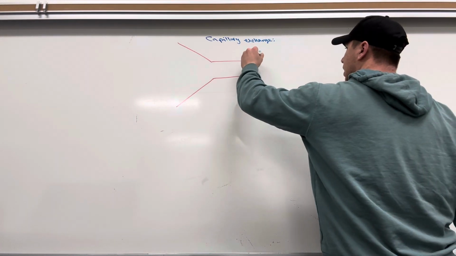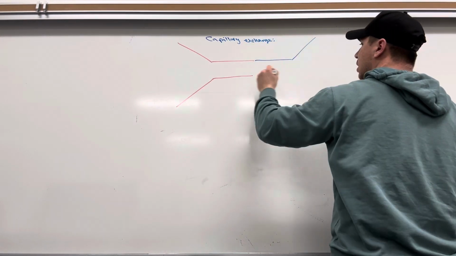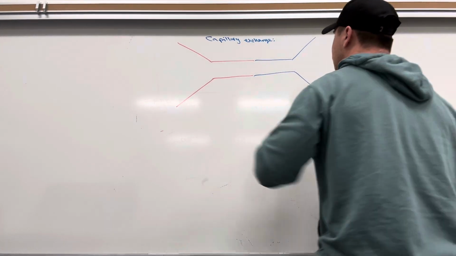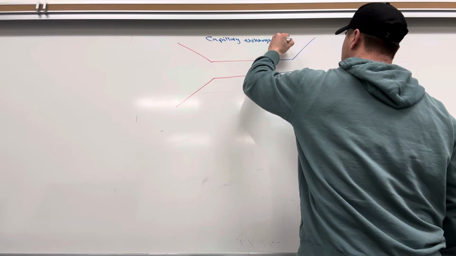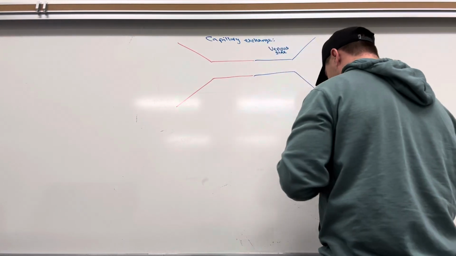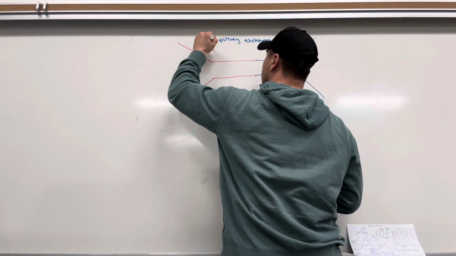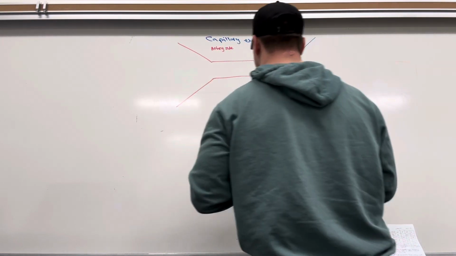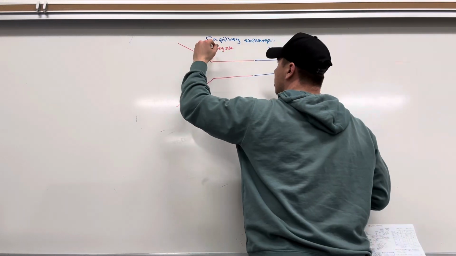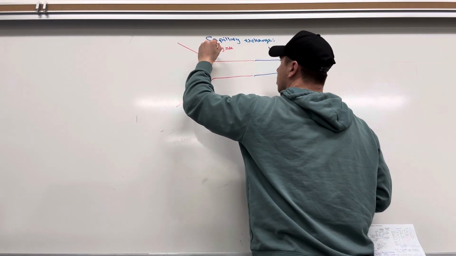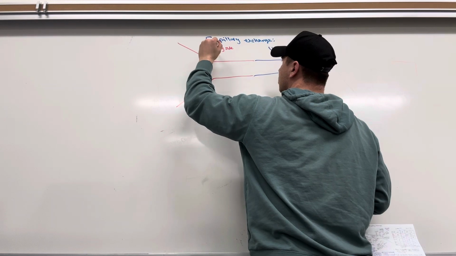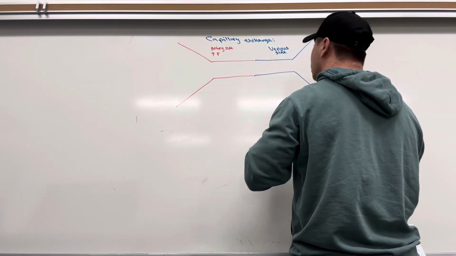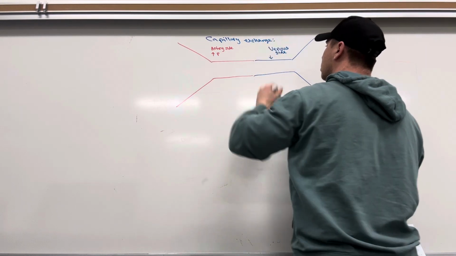And I like to change up the colors a little bit because it kind of helps us visualize what's going on. So this is capillary exchange. This is the venous side. And this is the artery side. Okay? We know that the pressure on this side is higher. And this one has a lower pressure on this side. Okay?